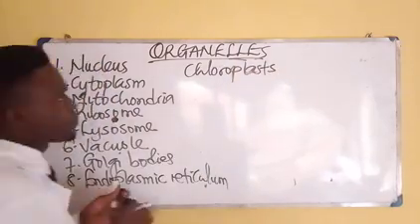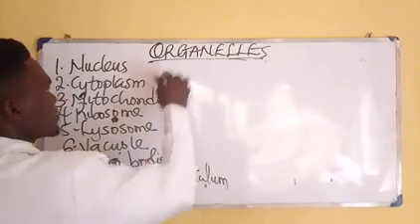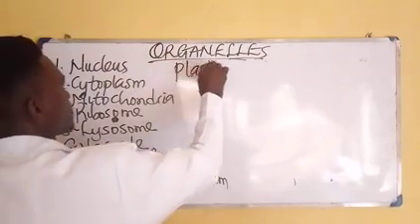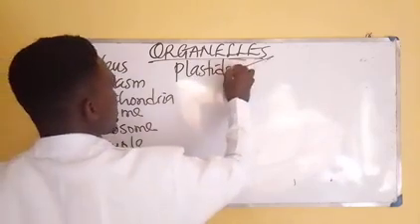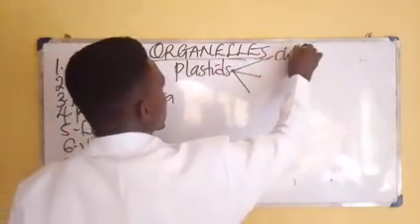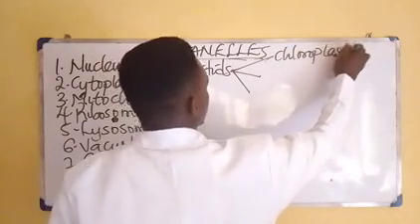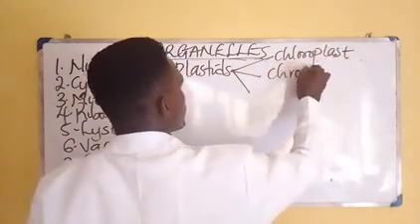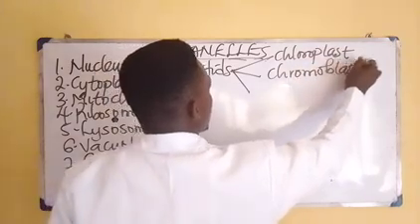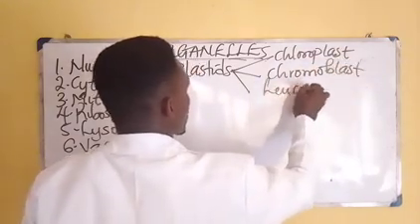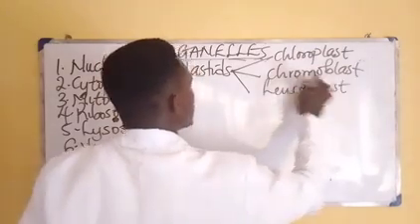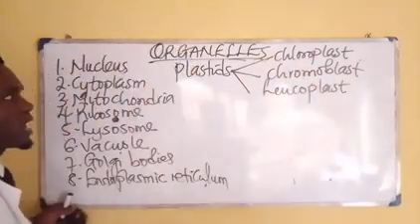Instead of writing chloroplasts, let me just write plastids. Under the plastids, there are 3 in number: the chloroplasts, the chromoplasts, and the leucoplasts. So all of these are the three plastids that we have.